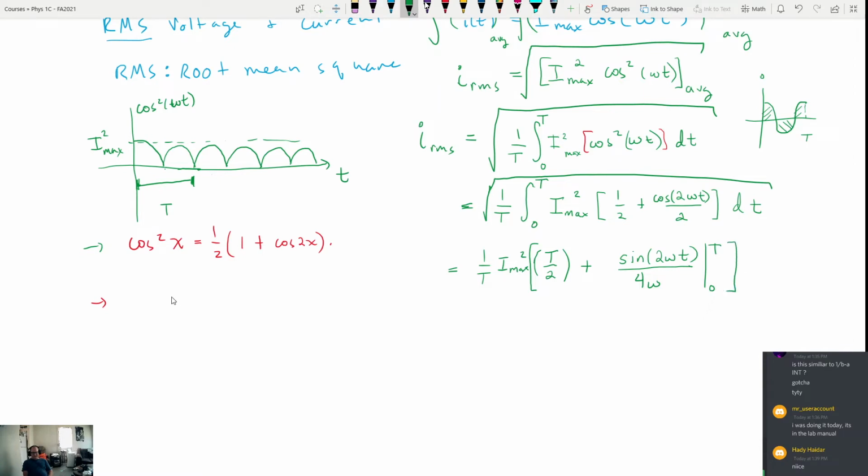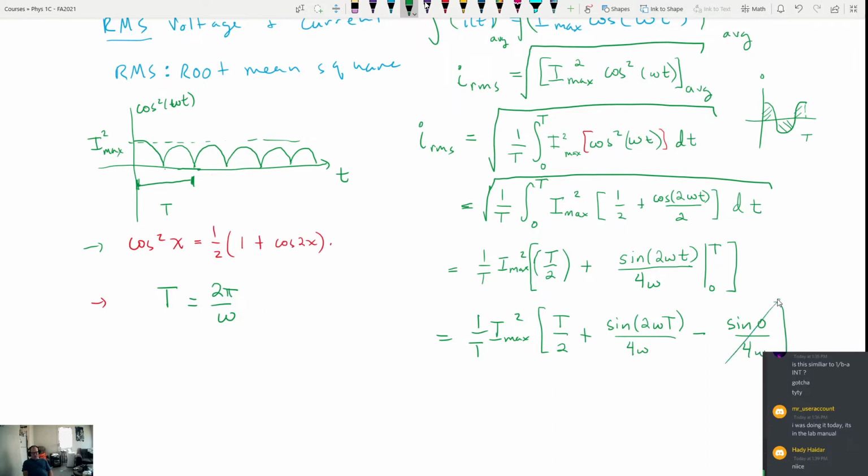Keeping in mind that T is equal to 2 pi divided by omega, then what we get is 1 over T I max squared multiplied by T over 2 plus, here we're going to get the sine of 2 omega period over 4 omega minus the sine of 0 over 4 omega.